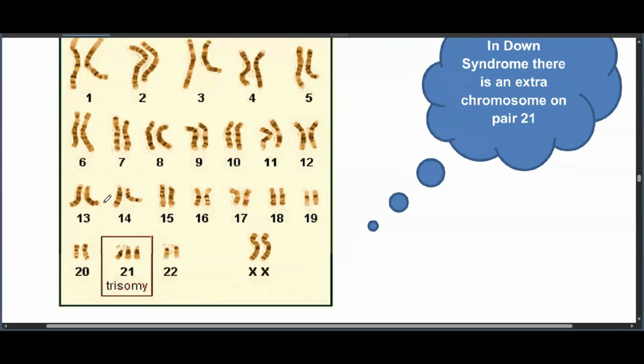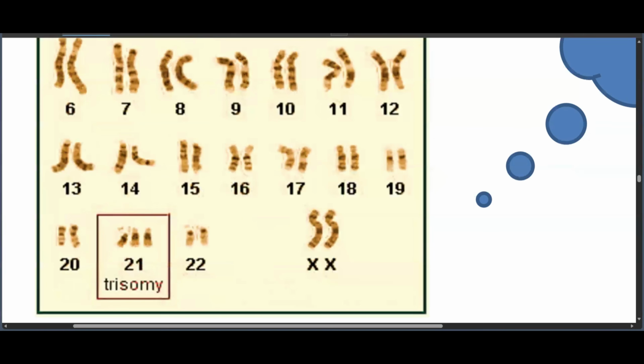If you look at this karyotype, you can see that pair number 21 has 3 chromosomes. Instead of having a pair of chromosomes, it now has 3 chromosomes. We've got one here, another one here, then another one here. So there are 3 chromosomes on pair number 21. That's why we call this Down syndrome condition trisomy 21.